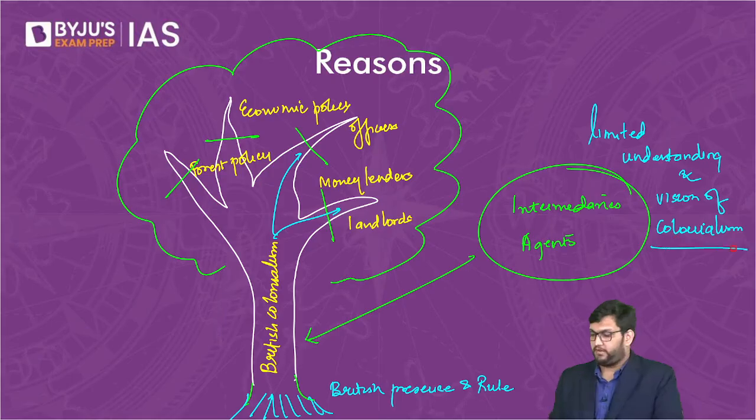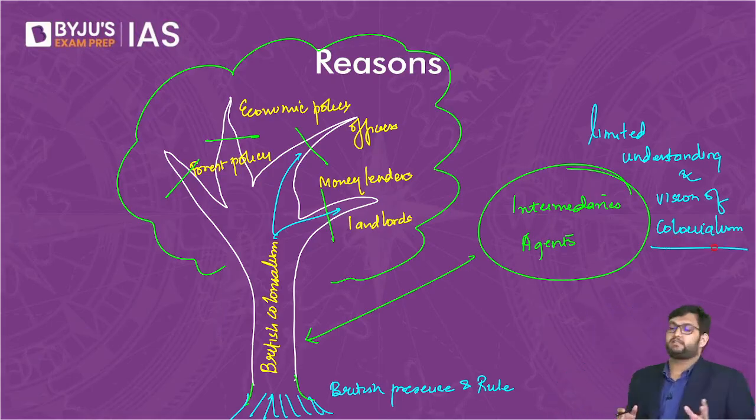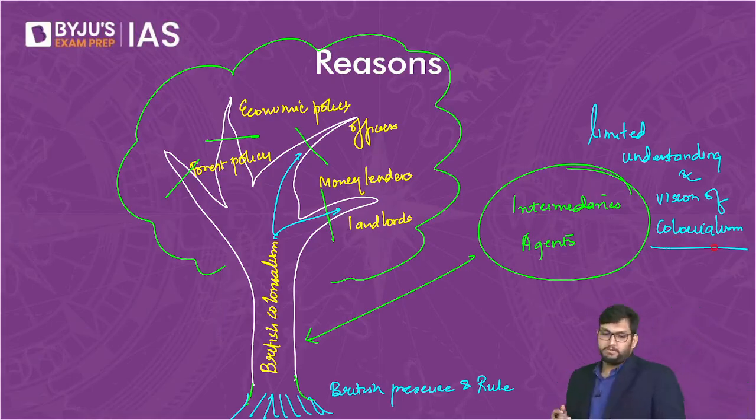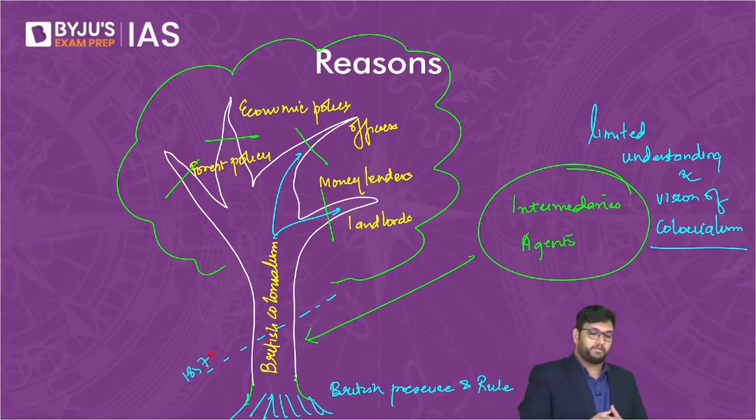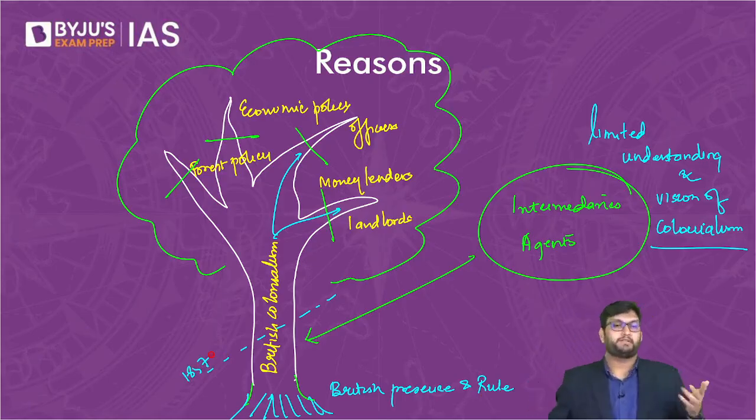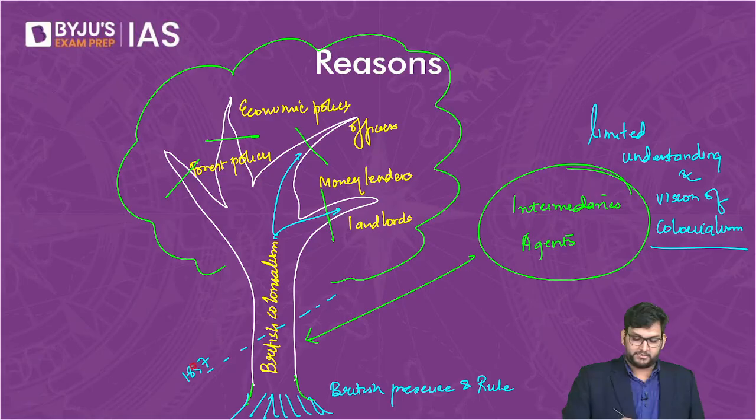That is why 1857 is considered such a major moment, because 1857 tries to go for the trunk. But the problem with 1857 is totally different. I will discuss that with you tomorrow when we discuss 1857. The simple point is the trunk still remains, and this is going to be a major issue.